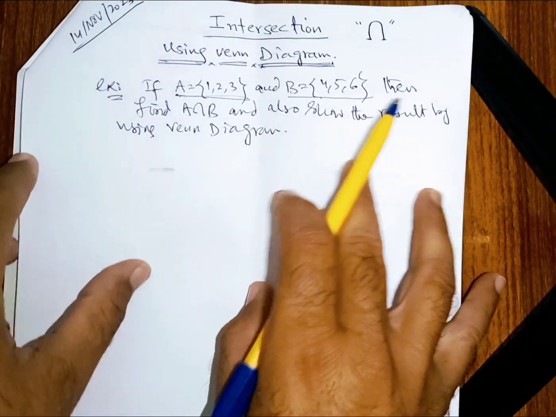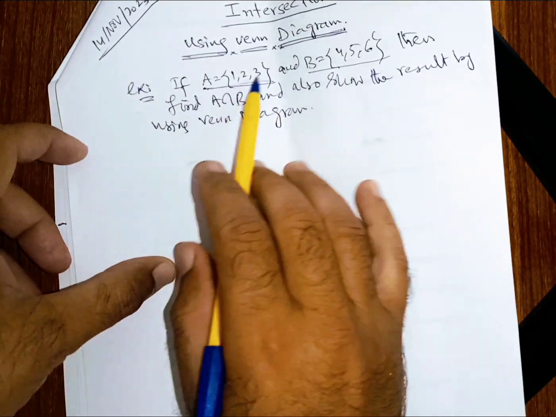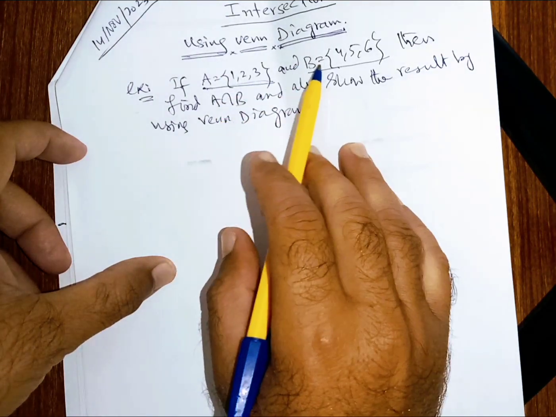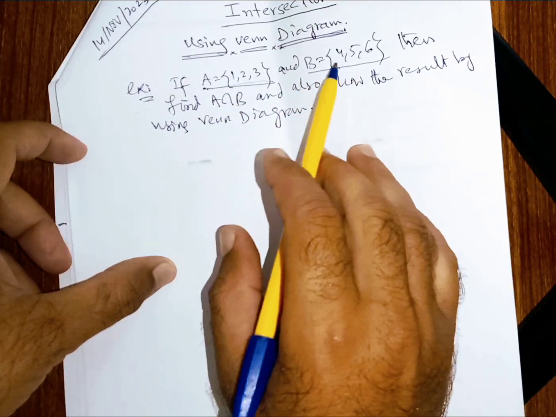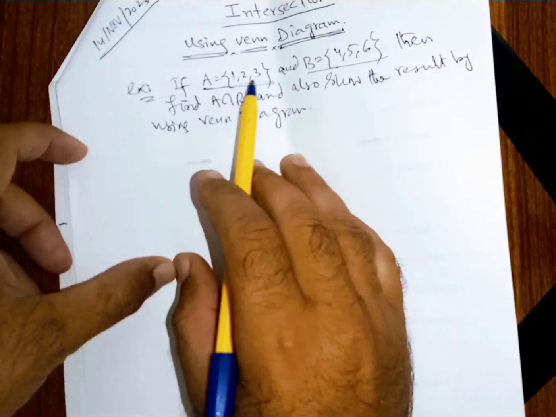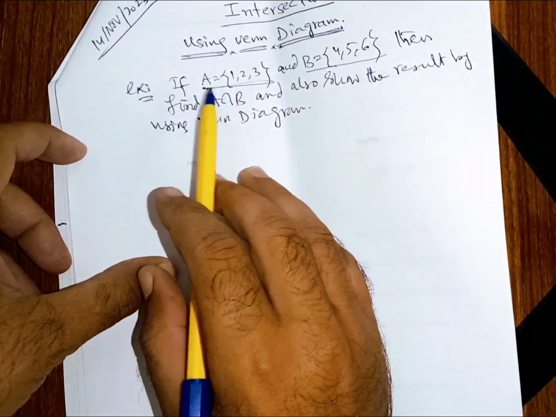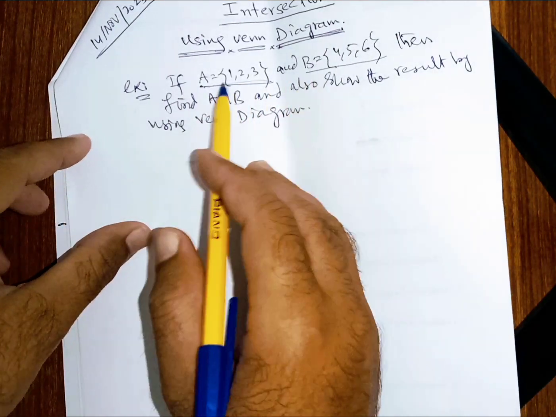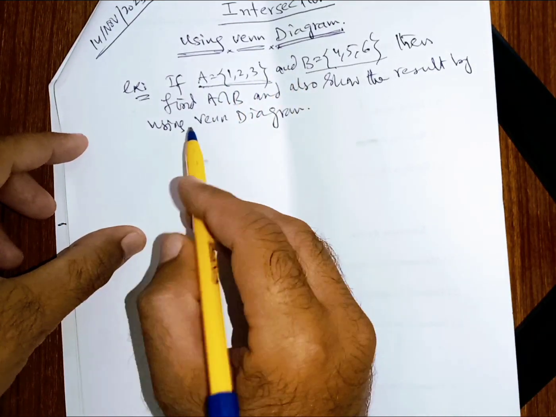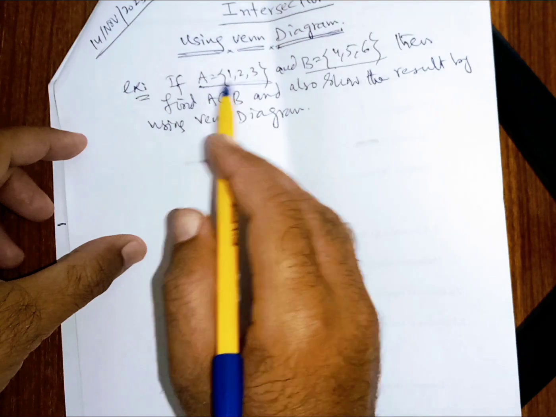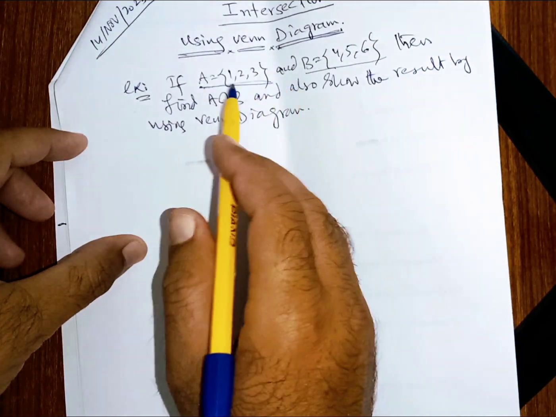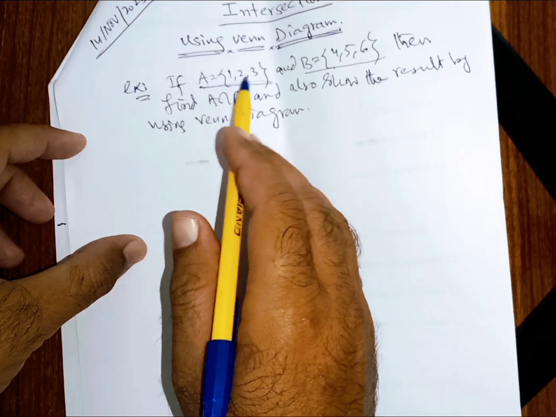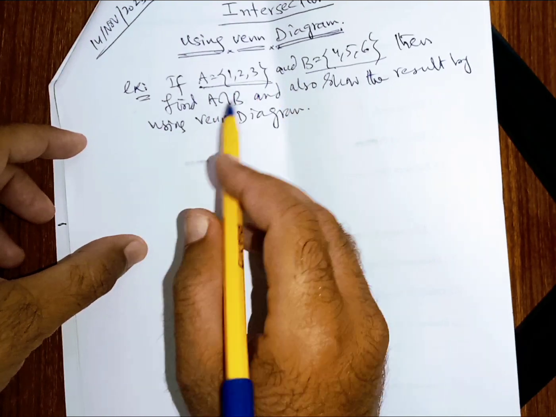These two are very different sets because the elements in set A are not the same as in set B. Hence these two are disjoint sets. So we may draw the Venn diagram according to these two sets.